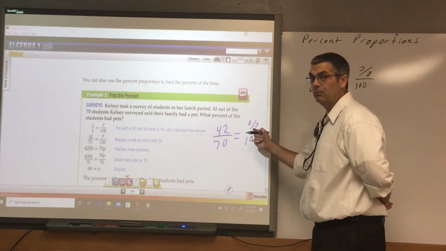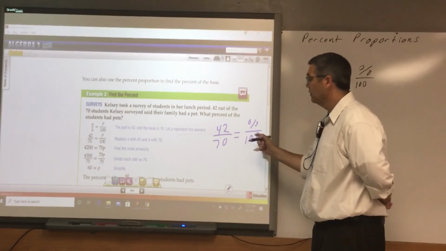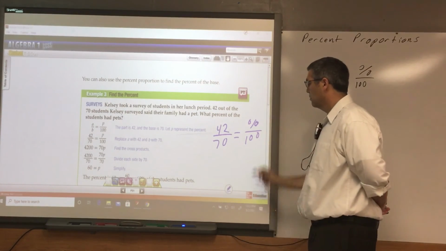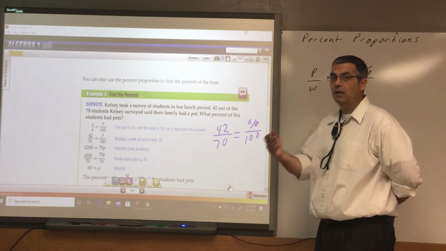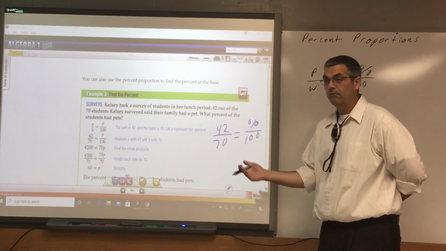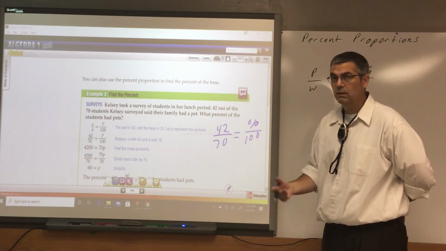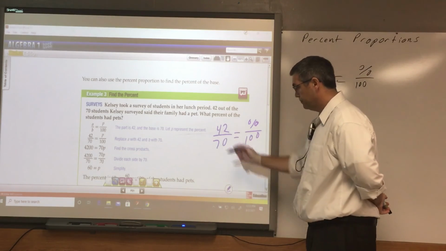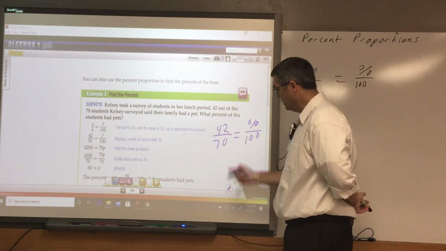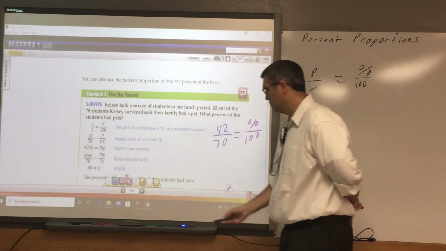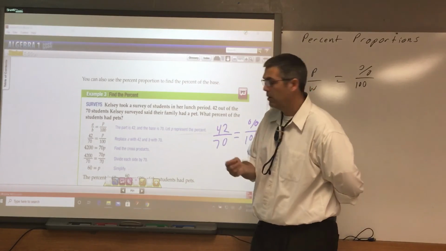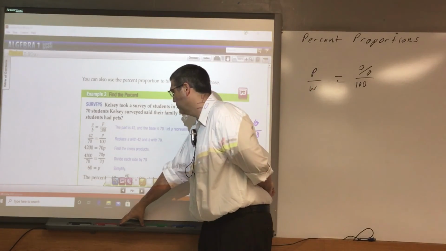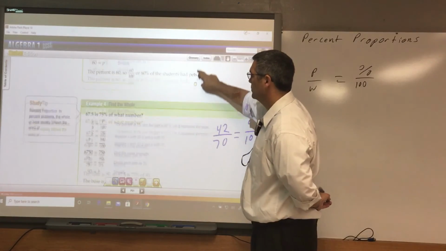This is still a variable because I put it in place of a number. Cross multiply, divide, get your answer. Remember that you may have to leave it in improper form, or put it in mixed number. So when you multiply across and divide, make sure that if it doesn't come out evenly, you put it into that improper form or that mixed number. Pretty straightforward.